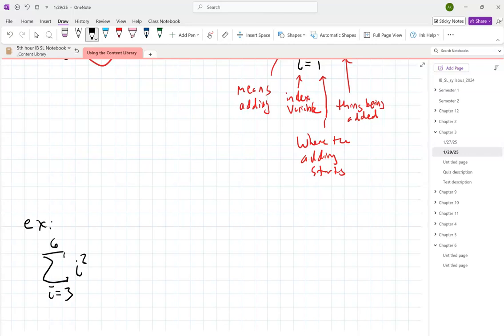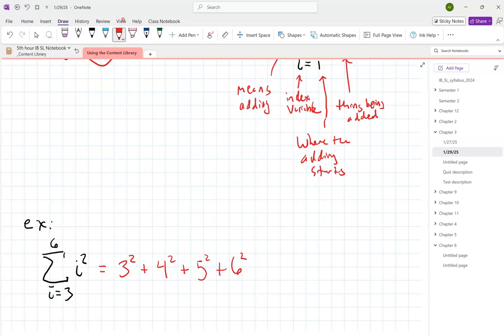So let's say we have the sum of i squared from i equals 3 to 6. What this is going to tell me is we're starting where i is equal to 3. So I'd have 3 squared. And then we're going to go until i equals 6. So then I'd have 4 squared, 5 squared, 6 squared.